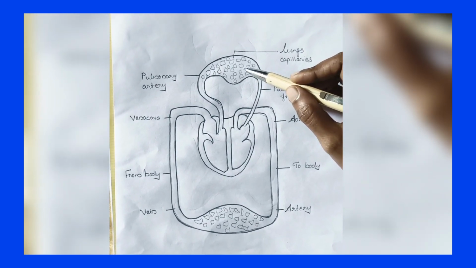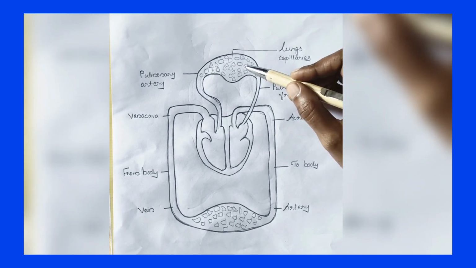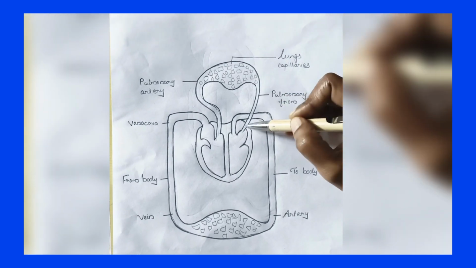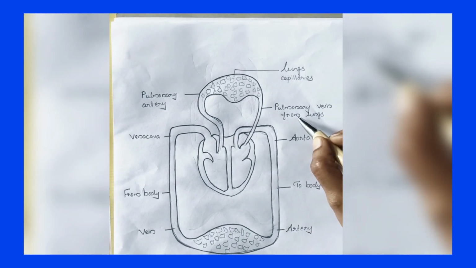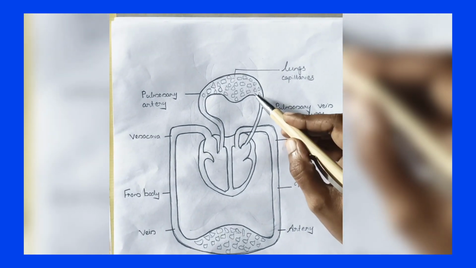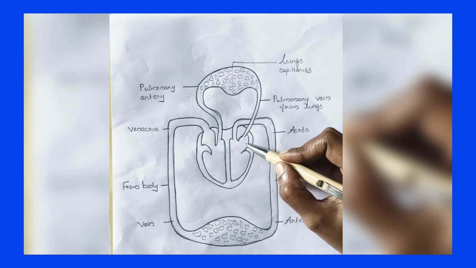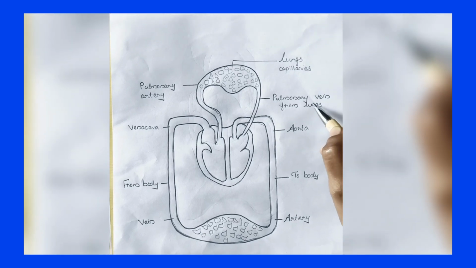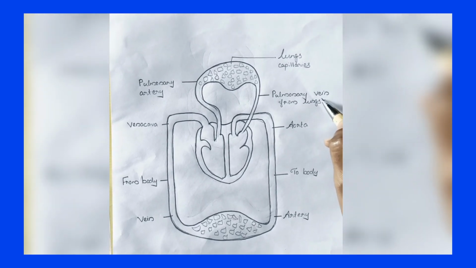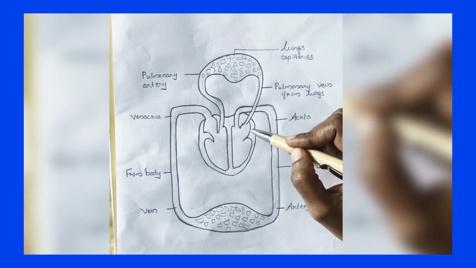From the alveoli, that means from the lungs, oxygenated blood goes to the left side of the heart with the help of the pulmonary vein. Oxygenated blood, or the pure blood, first goes to the left auricle. So the pulmonary vein carries oxygenated blood from the lungs to the left auricle.